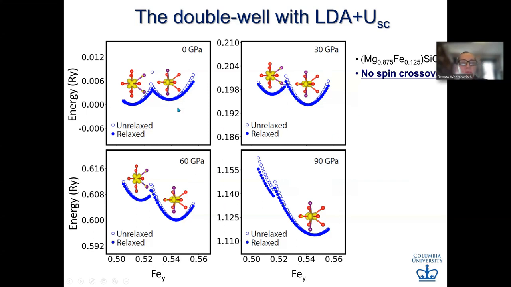And as you change pressure, the high pressure, high quadrupole splitting state becomes more stable than the low pressure state, and eventually the low pressure state goes away. But this is what is happening. This is not a spin state change. It's a change in orbital occupancy with pressure.